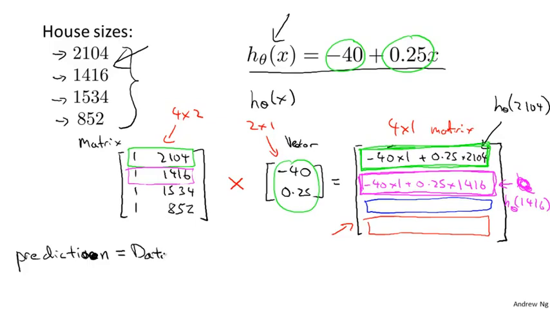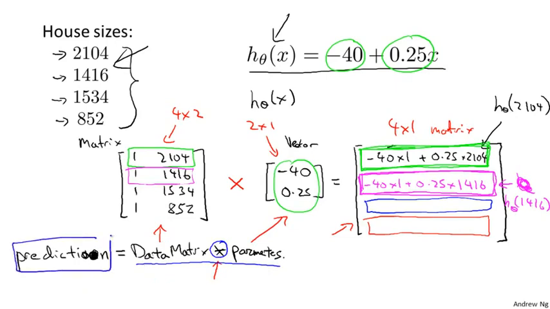You write prediction equals my data matrix times parameters, where data matrix is this thing here and parameters is this thing here, and this times is a matrix vector multiplication. If you just implement this one line of code, assuming you have an appropriate library to do a matrix vector multiplication, then prediction becomes this 4 by 1 dimensional vector on the right that gives you all the predicted prices.